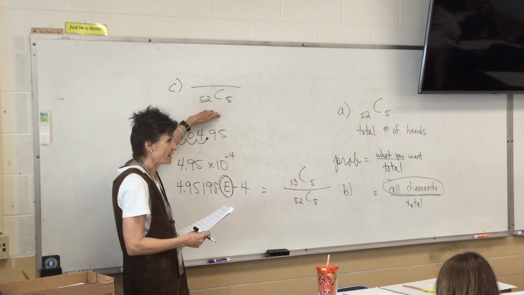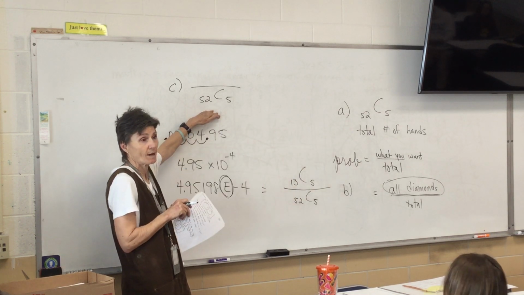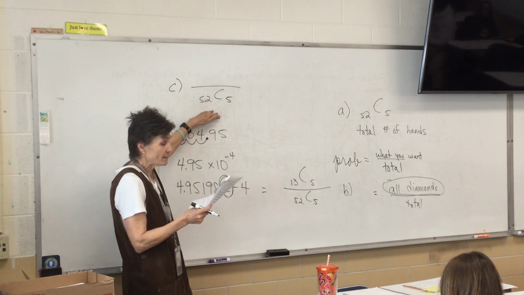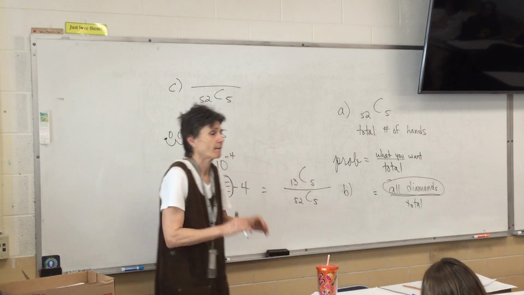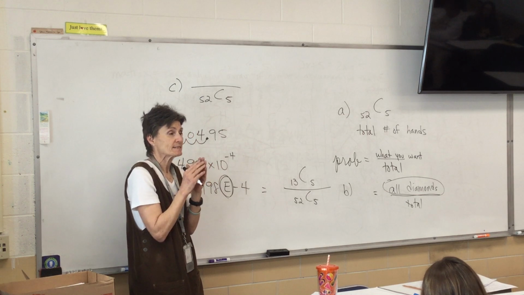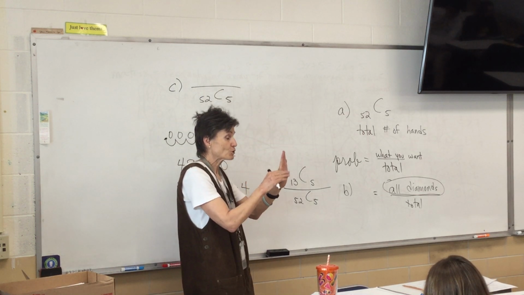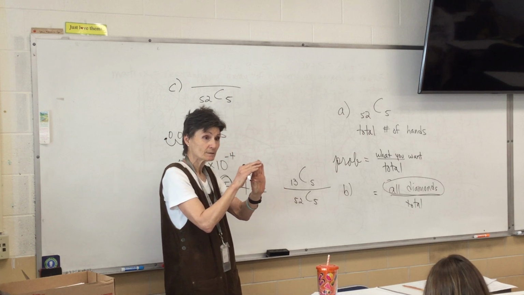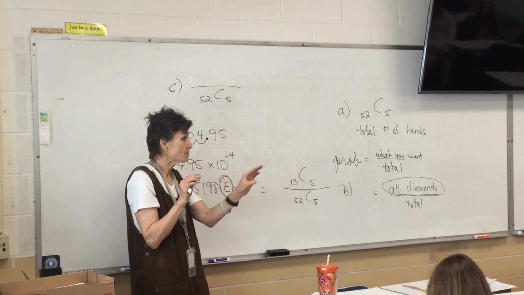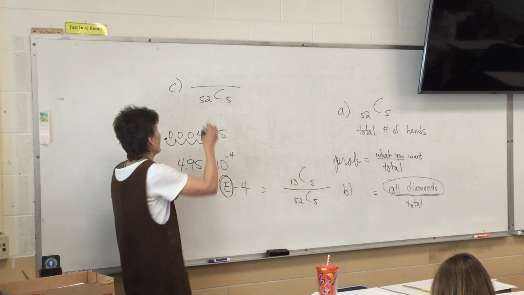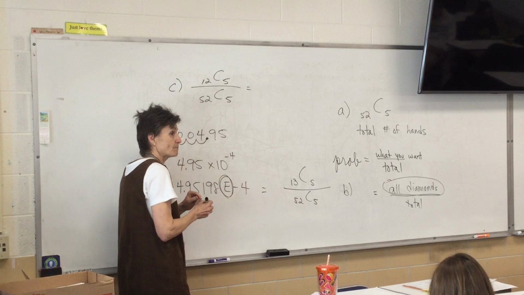That's the total hands, and in a probability question, total goes in the denominator. Now, all face cards. How many face cards are there in the deck? I heard somebody say 12, and that's right. Remember, the face cards are Jack, Queen, King: 3 of them in hearts, 3 in clubs, spades, and diamonds. So there's 12.